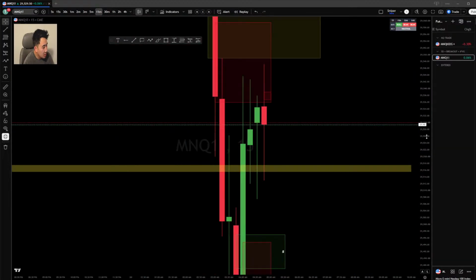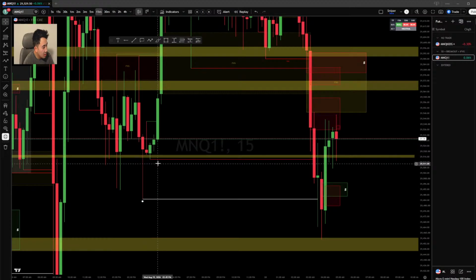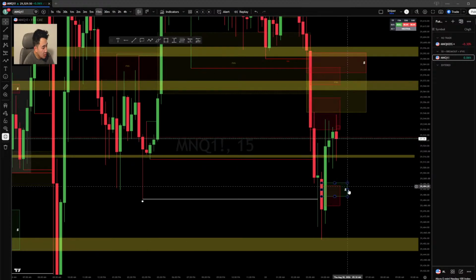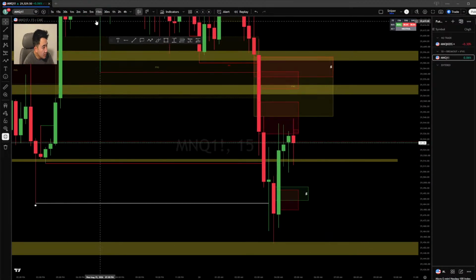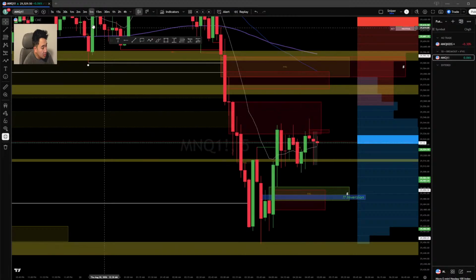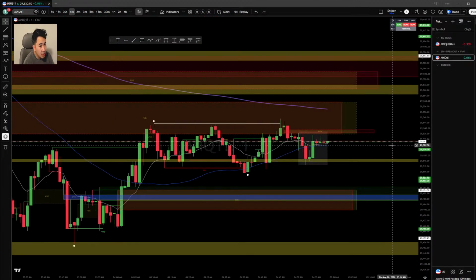15-minute, we should be on a bearish, this most recent breaker structure right here. Otherwise, it'll try to push up. So let's wait and see what happens.